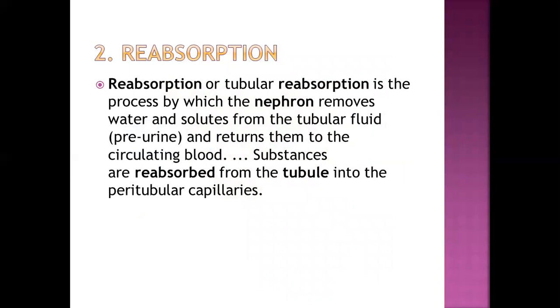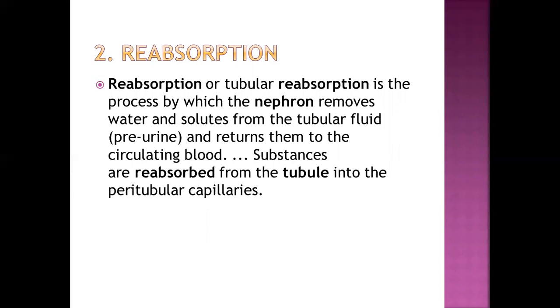Reabsorption is the active reabsorption of glomerular filtrate, which occurs in the proximal convoluted tubule. It removes water and solutes from the tubular fluid and returns them to the circulating blood. This means all the important things like glucose, solutes, water, and some red blood cells will go back into the blood at this point, and substances are reabsorbed from the tubule into the peritubular capillaries.